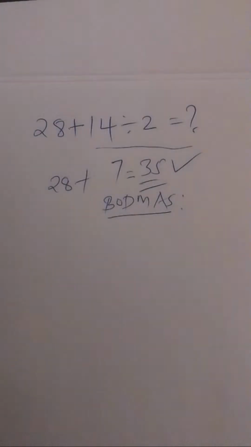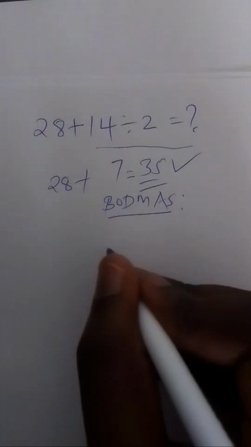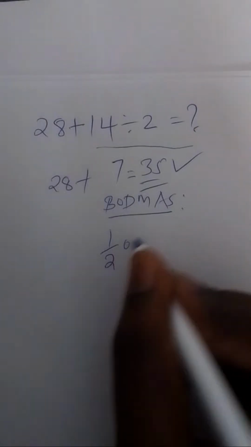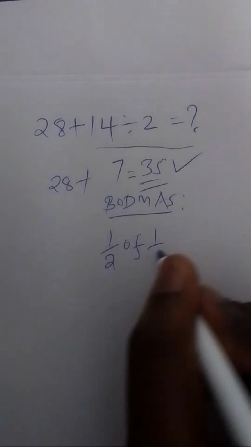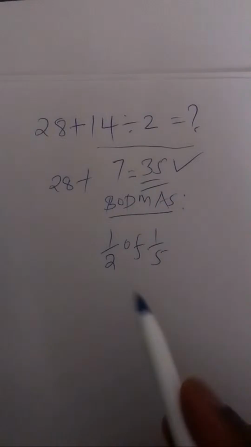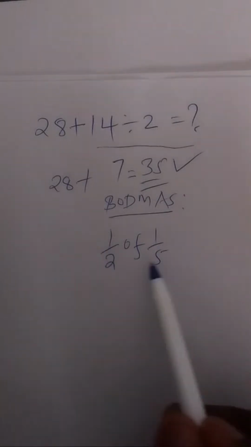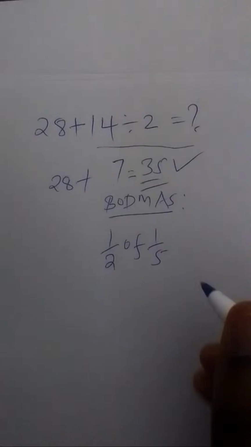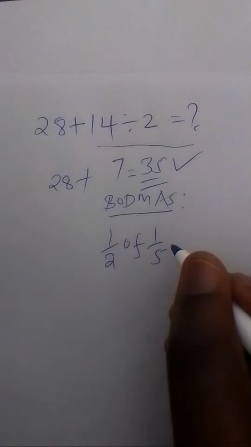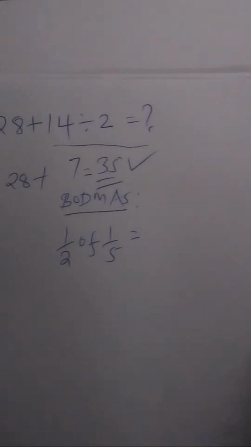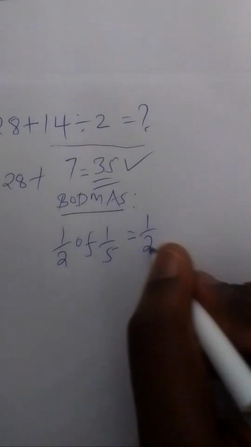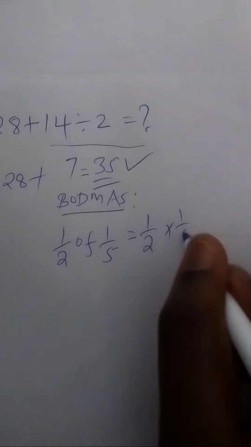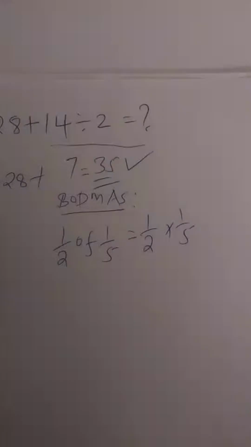Like we can talk about a half of a fifth. When someone writes a half of a fifth, it is like they are saying you are going to work out 1 over 2, that is a half, multiplied by 1 over 5, where "of" means multiplication.